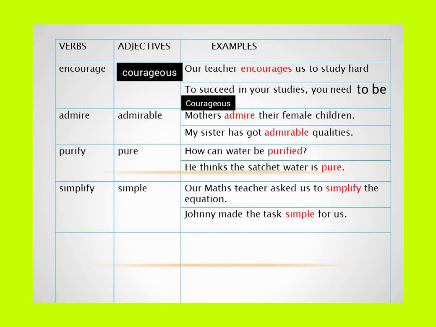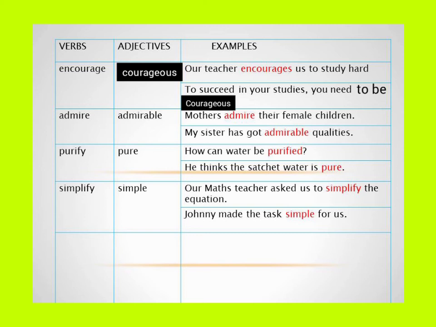So this is common with making verbs become adjectives. You are often expected to drop either a prefix or a suffix, or in a few cases, you are expected to take a suffix, like we did in admire and admirable.